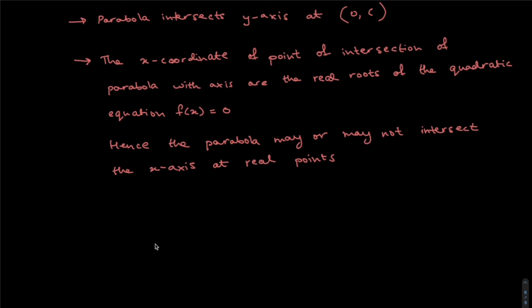If it intersects only in one place, if it's tangent at the vertex, then it's only going to have one real root. And if it doesn't intersect the x-axis at all, then it's not going to have real roots; it's going to have imaginary roots, because technically there are no real solutions to the quadratic equation.